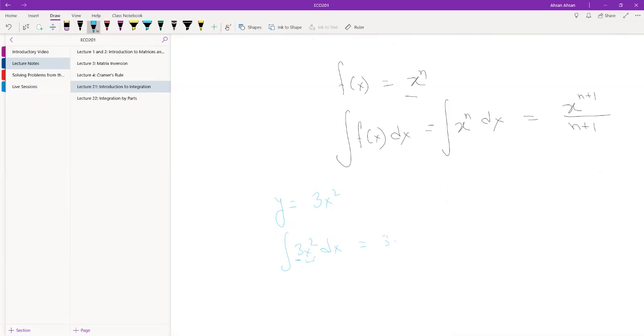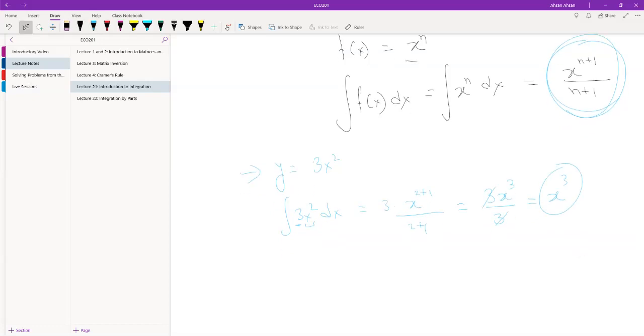We have x to the power 2, so plus 1, and we divide by 2 plus 1. That's just this formula. So we get 3x cubed divided by 3. The 3 and 3 cancel out, and we're left with x cubed.